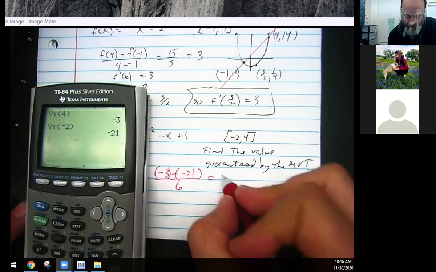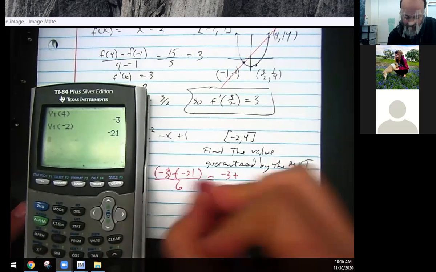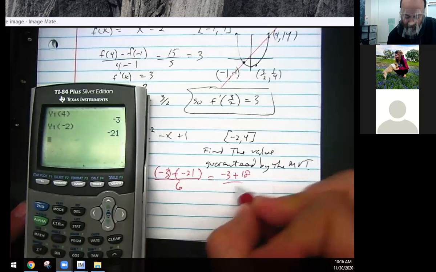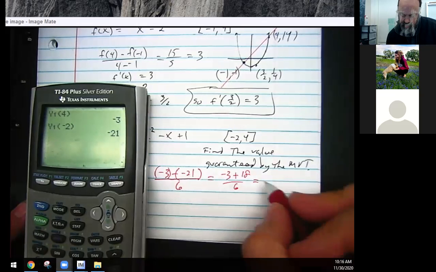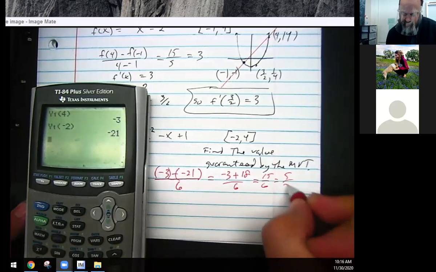So it looks like I got -3 plus 18 over 6, or that's 15/6, which is divisible, so 5/2, right?